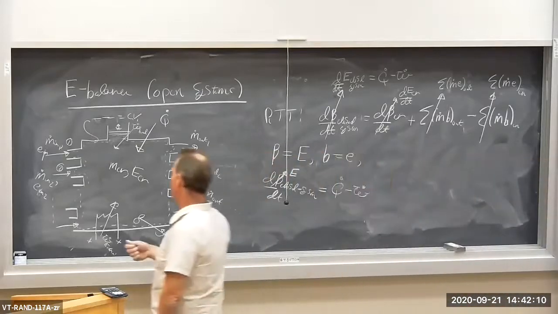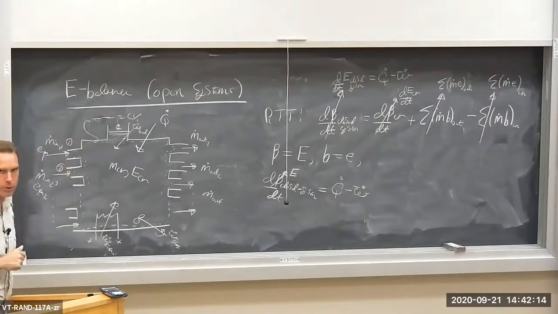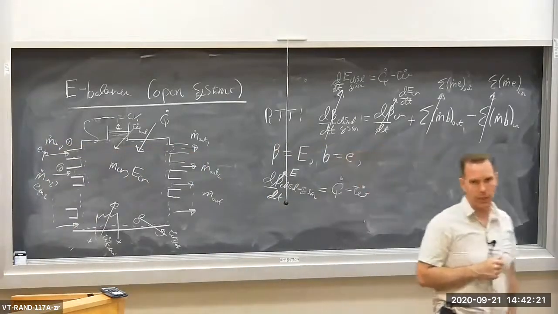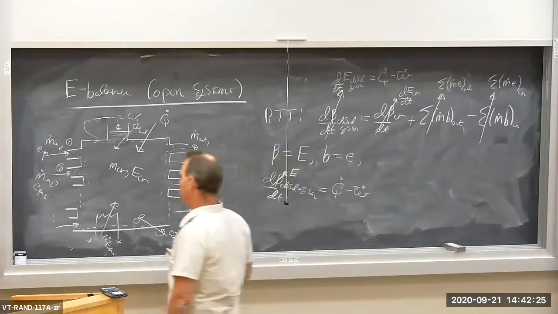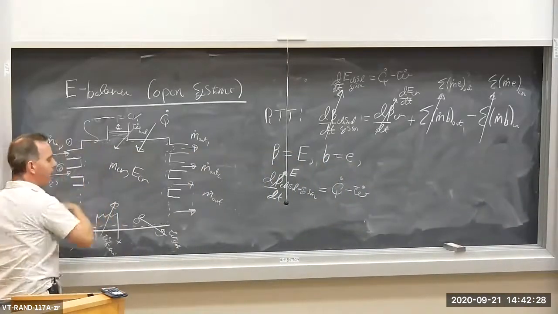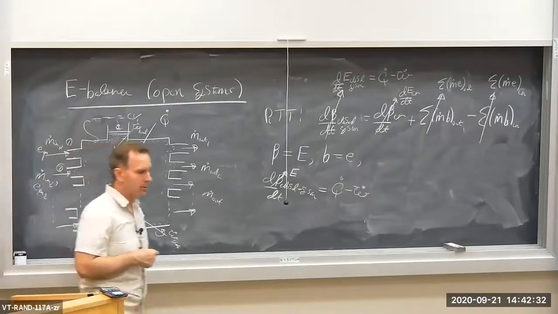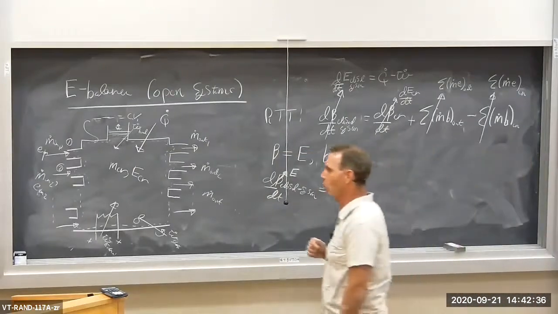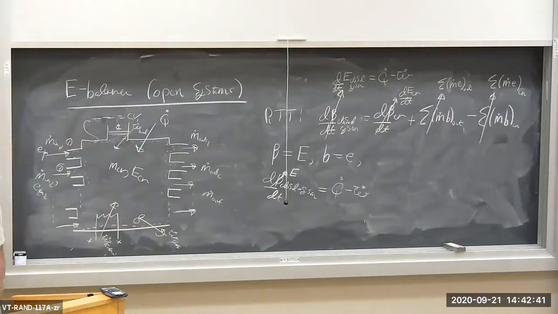The flow is moving in and out of my system through the ports, so we have flow velocities. A pressure times a velocity times a flow area gives you a power. So the pressure at the inlet and outlet ports results in work or power being applied to my system.